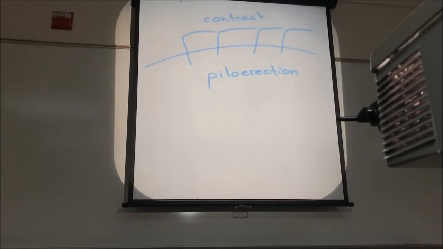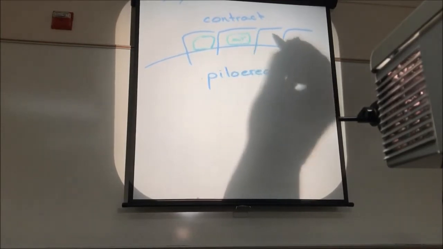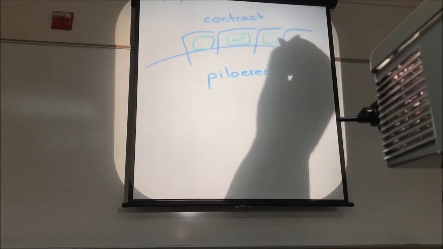Now, other animals have this feature as well. Birds have piloerector muscles attached to their feathers. Mammals have piloerector muscles attached to their fur or their hair. So when these muscles are stimulated in birds and mammals, the hair is going to end up trapping little pockets of air between the skin and the hair.